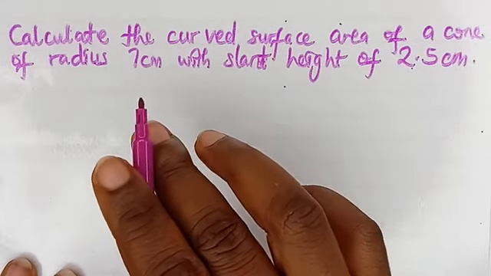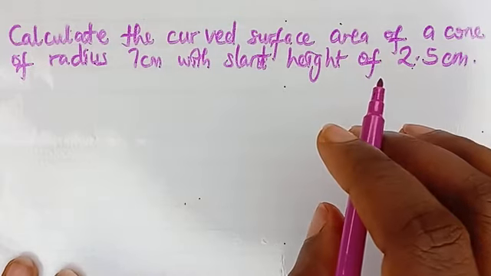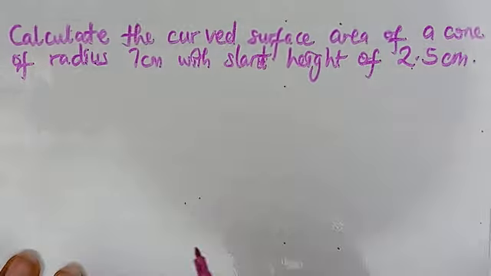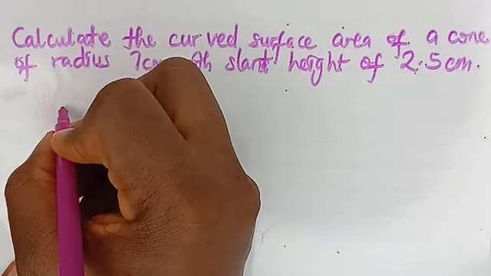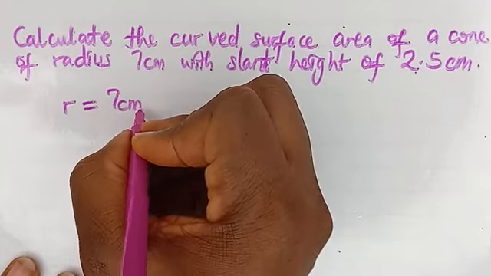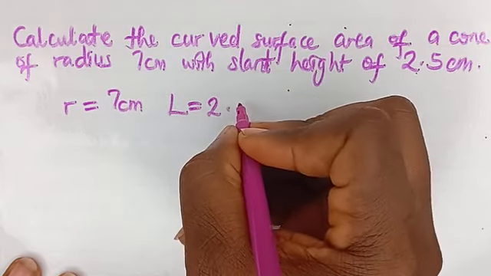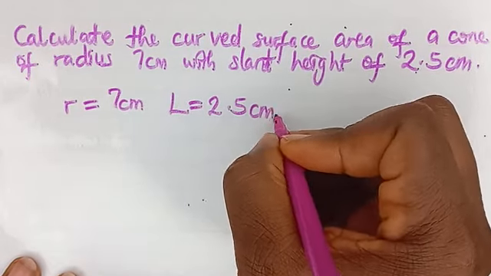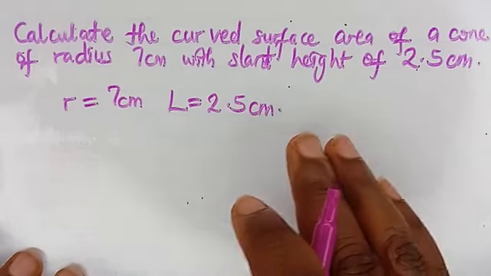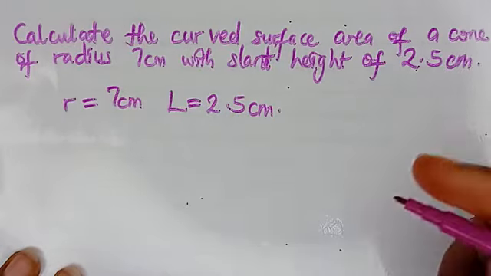We've been asked to calculate the curved surface area of a cone of radius 7 cm and slant height of 2.5 cm. So we write out the parameters: radius is 7 cm and slant height 2.5 cm. Here we've been asked to calculate just the curved surface area, not the total surface area.